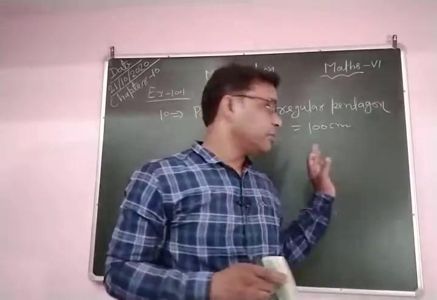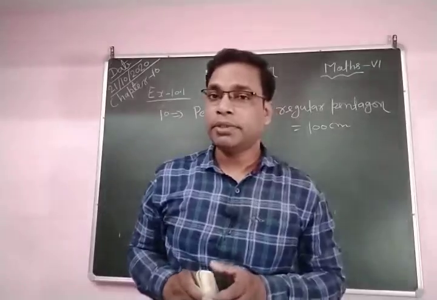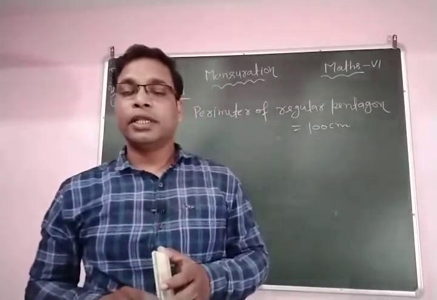The perimeter of regular pentagon is given 100 centimeter. A pentagon has 5 sides, and in the case of regular, each side is equal. So in a regular pentagon there are 5 sides and each side is equal. We need to find the length of each side.